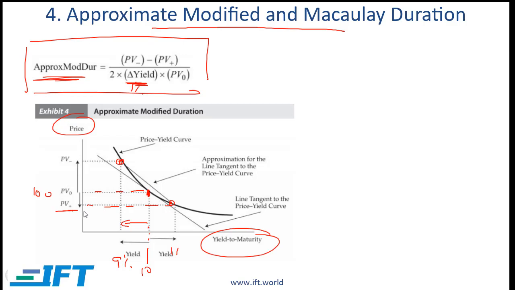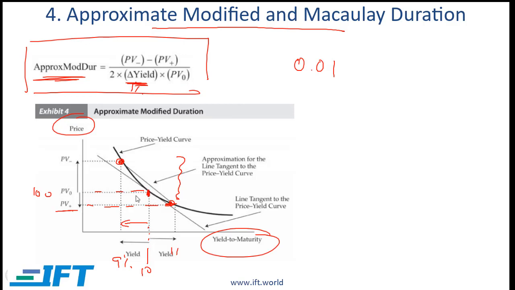The approximate modified duration then is this minus this, so that's PV minus minus PV plus, this distance, divided by 2 into delta yield. Delta yield in this case is 1%, which would be 0.01 in decimal terms, multiplied by the value initially.